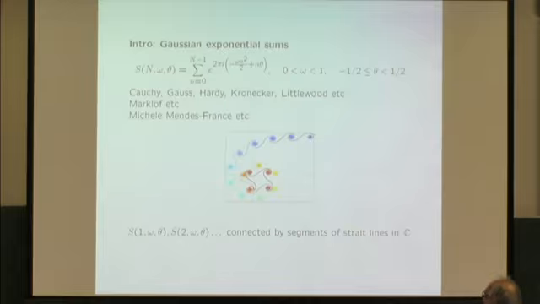This picture is on the complex plane, and we plot consecutively the values of the consecutive exponential sums: first for big N equal to 1, then for big N equal to 2, and so on.